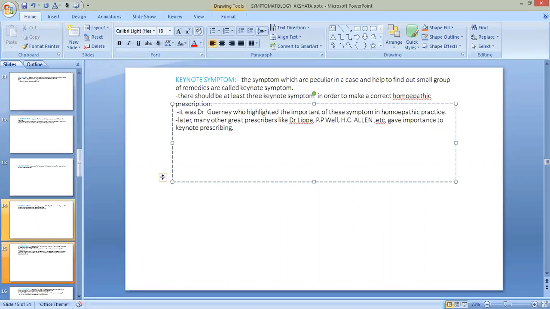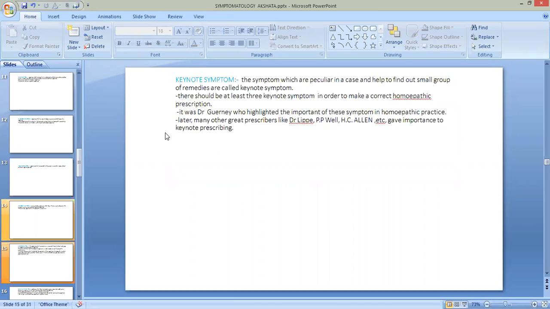There should be at least 3 keynote symptoms in order to make a correct homeopathic prescription. So in a case, we cannot prescribe according to one symptom, but we have to consider 3 symptoms, and then select the similimum.